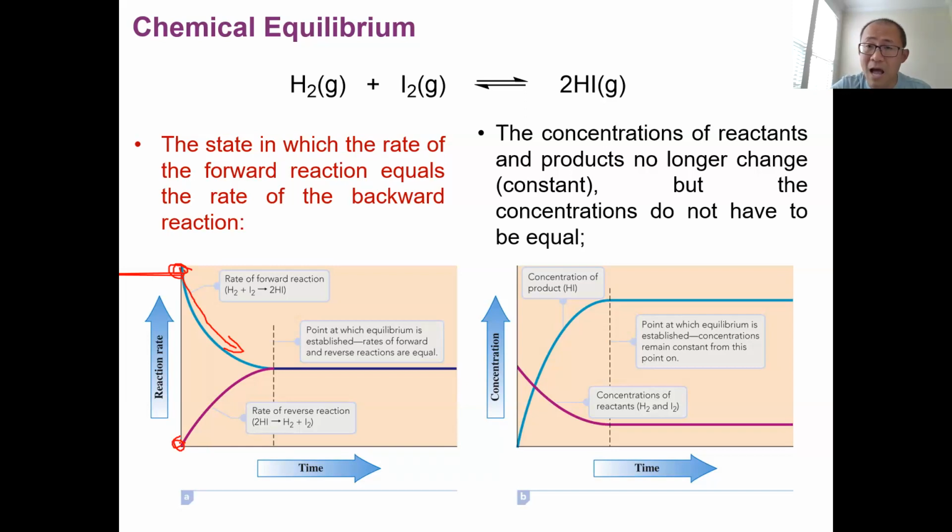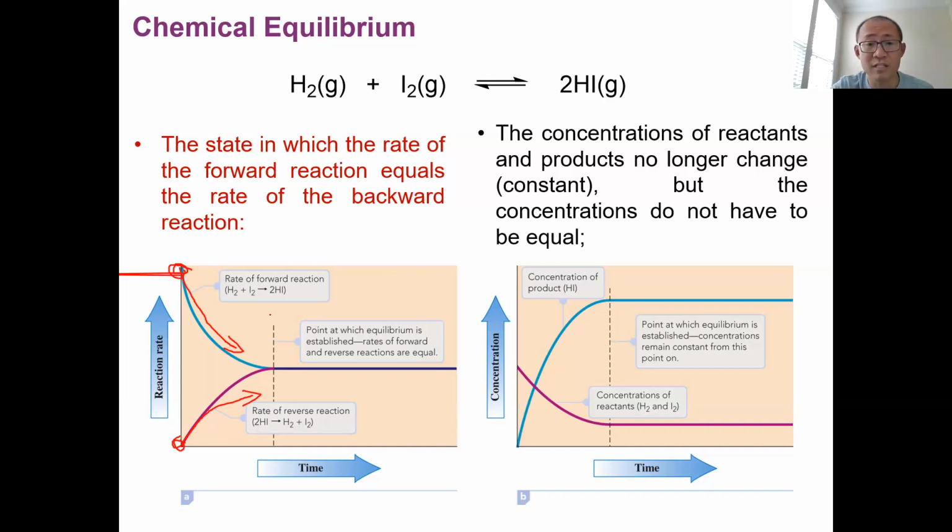But as time goes by, once you get more and more product, the reverse reaction rate is going to increase, because more HI is produced, so a higher concentration of HI. So you can see the forward reaction rate is going to drop and the reverse reaction rate is going to increase.